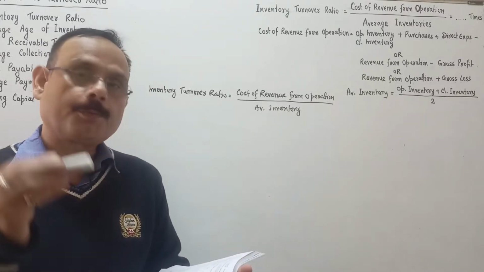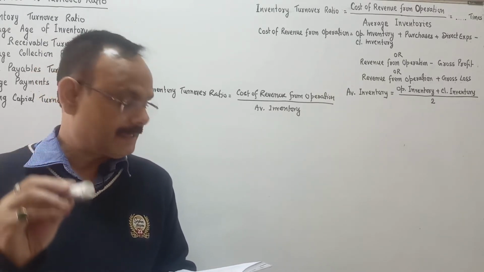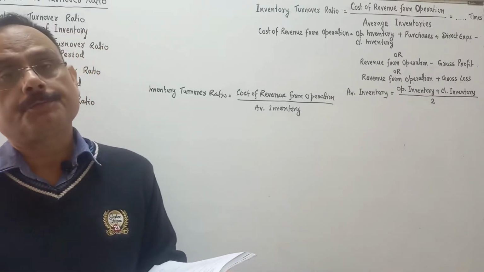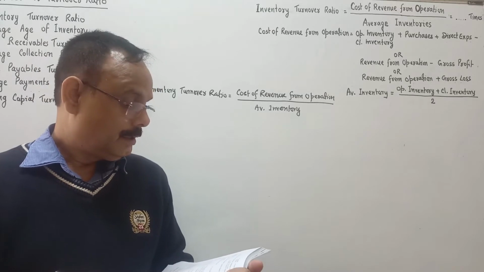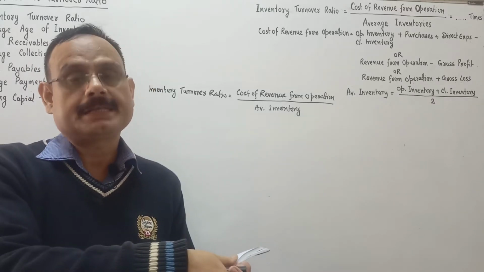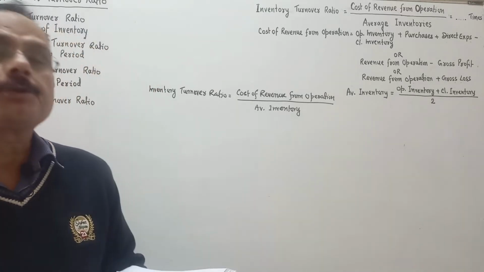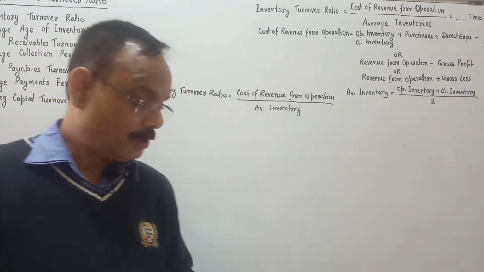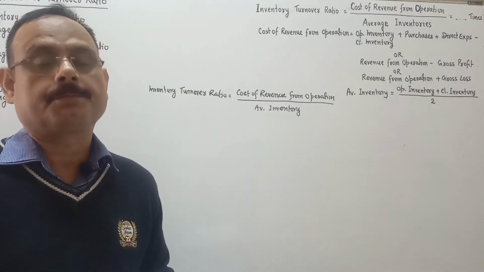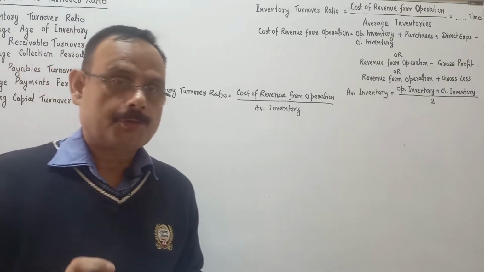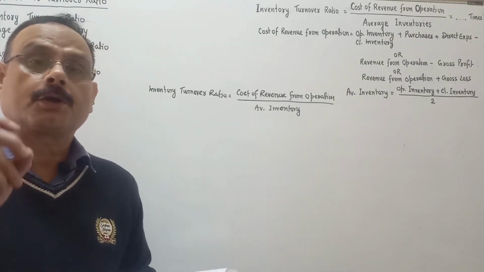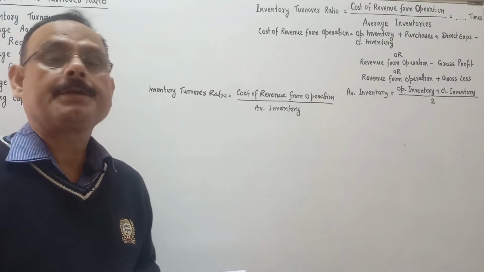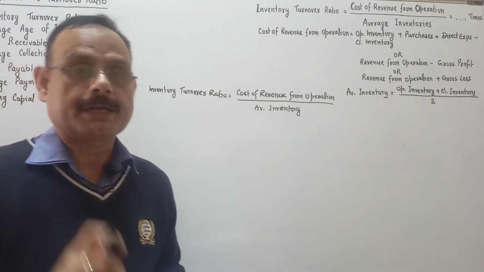In this question, opening inventory is given, closing inventory is given, revenue from operation, net means net sales, is given, and gross profit is given. Gross profit here is given as 25% on cost of revenue.